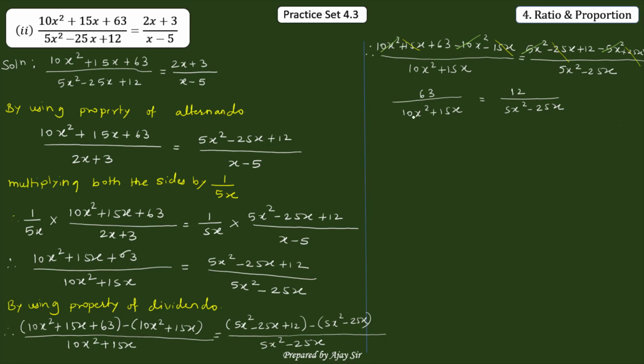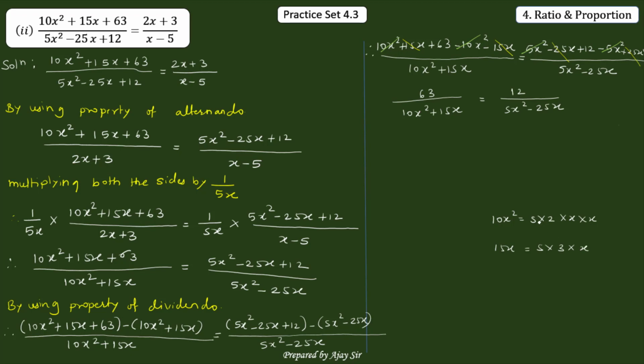Now observe this denominator. Here you will understand that x is common, but it is also a multiple of 5. If you take 5x common, 10x square you can write as 5 into 2 into x, and 15x you can write as 5 into 3 into x.